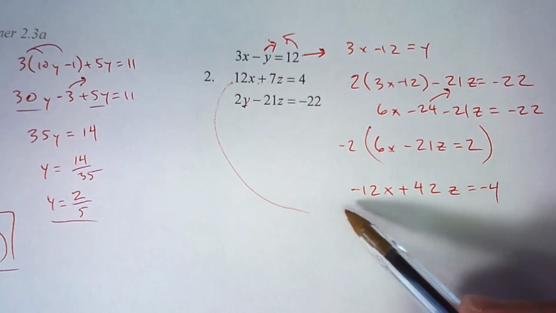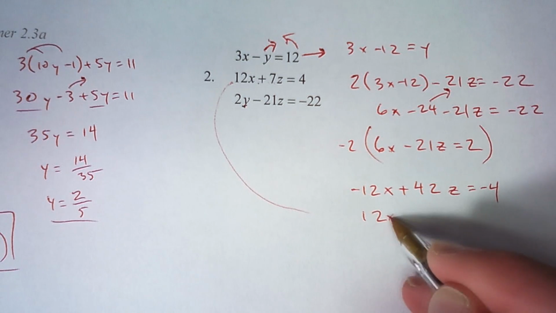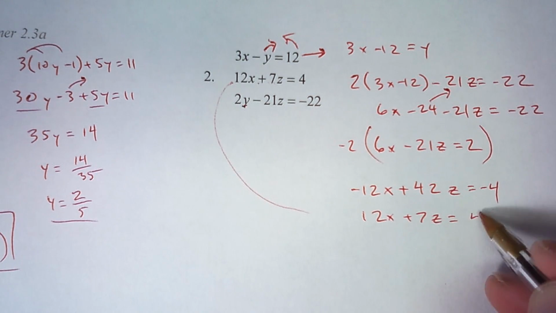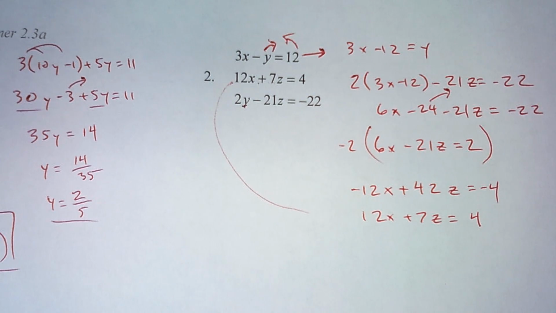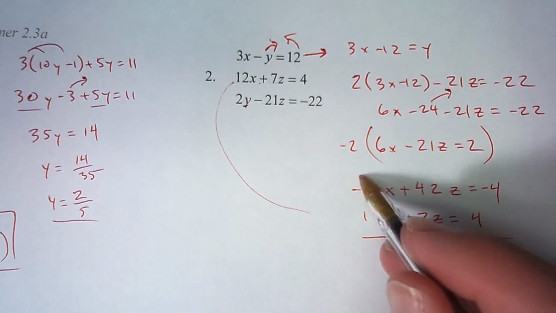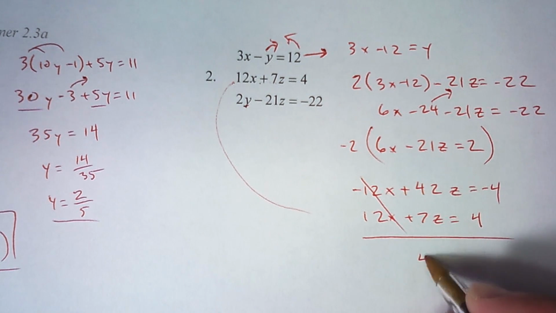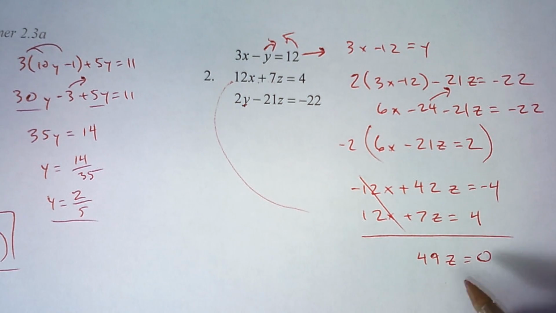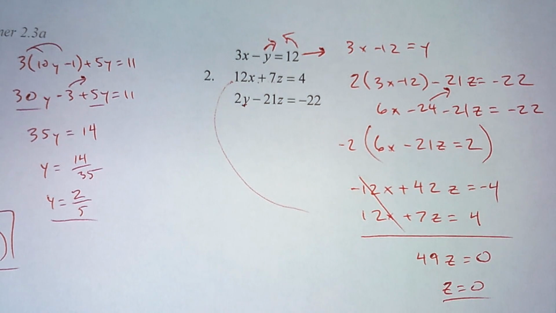And then I'm going to bring this down right under it. 12x plus 7z equals 4. Okay, so these cancel, and I get 49z equals 0. And 0 divided by 49 is 0. So I've got my value of z.